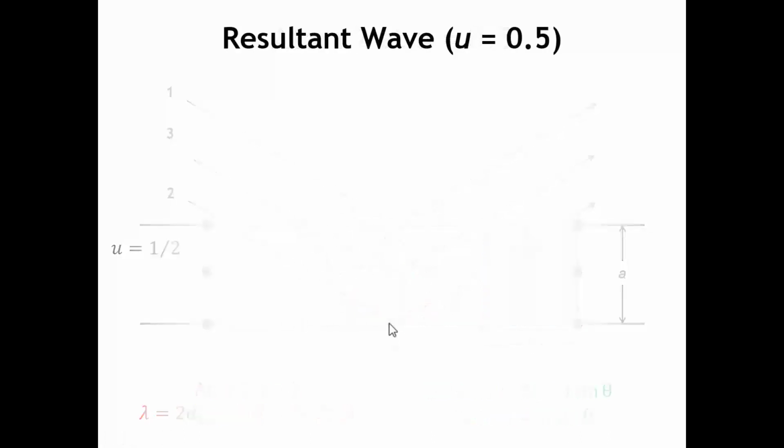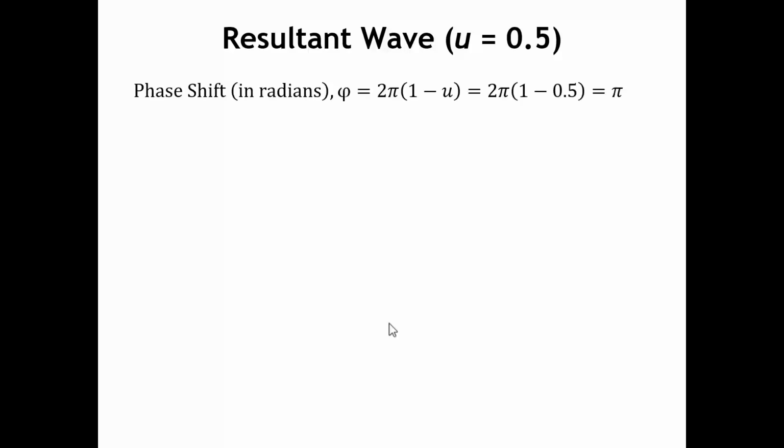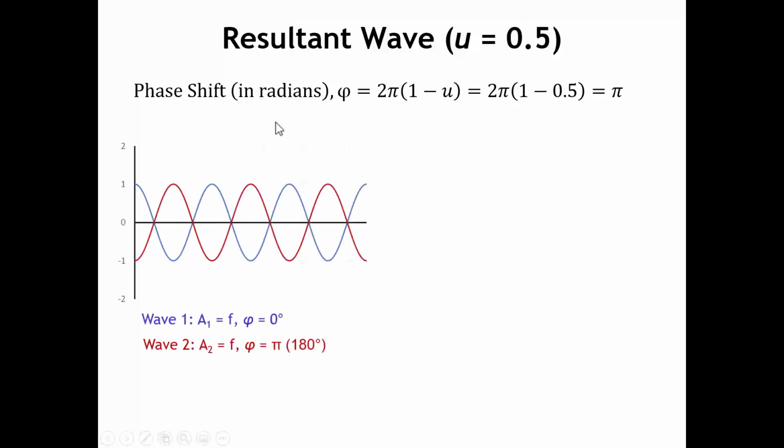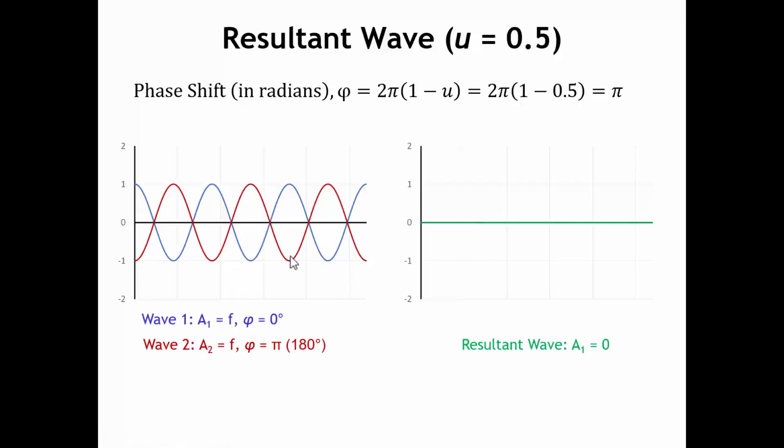If we look at the wave addition of combining these waves now, our phase shift is 2 pi times 1/2, so that's just equal to pi. Pi in radians is 180 degrees, so what it means is that wave 2, which is shown in red, is exactly out of phase with wave 1. And when we add these two waves together, they completely cancel. So the resultant wave is complete destructive interference.